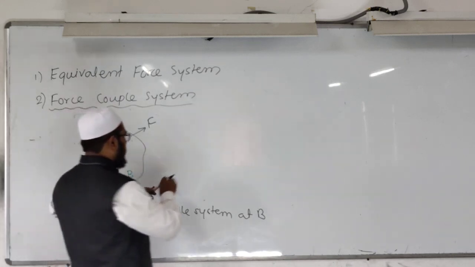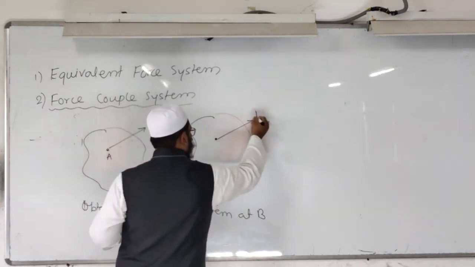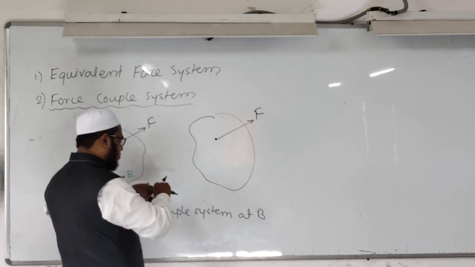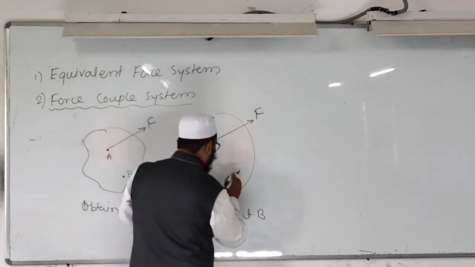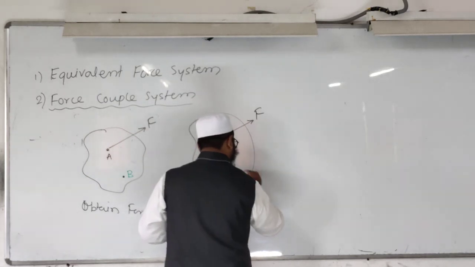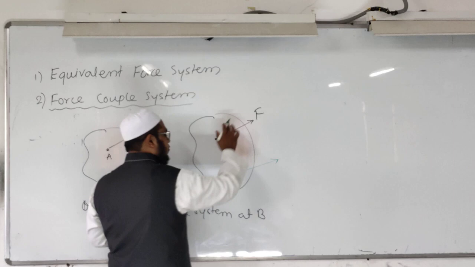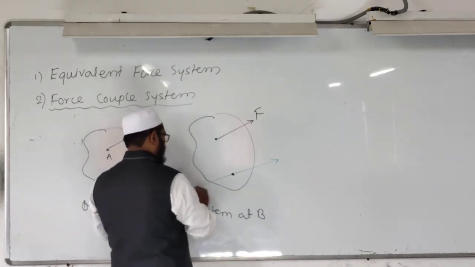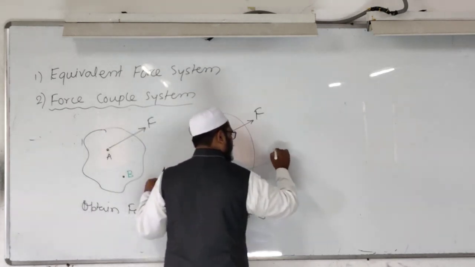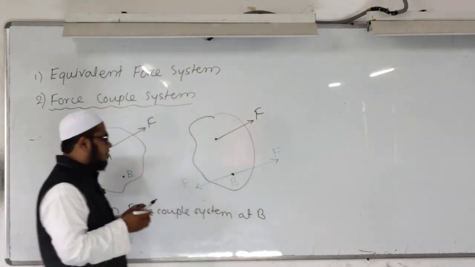Now listen here, we can understand how to obtain it. At point A, force F is acting. At point B, I will add two forces which are parallel to force F, equal in magnitude but cancelling each other.